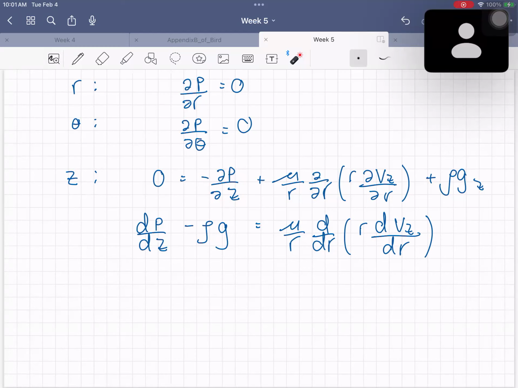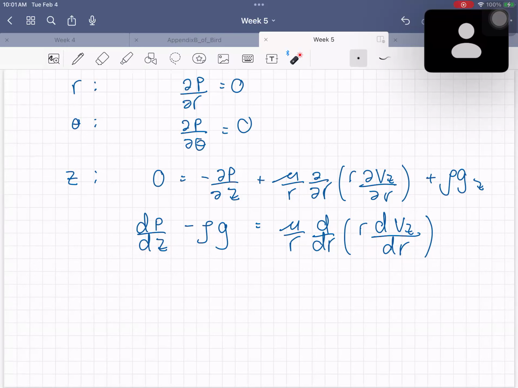That's why even if it's a partial derivative, it's equal to the total derivative of pressure changes in Z direction. So it can be changed to total derivative. Same thing with the velocity, okay? You can see that Vz is a function of R only, so we can change from partial derivative to total derivative, okay?